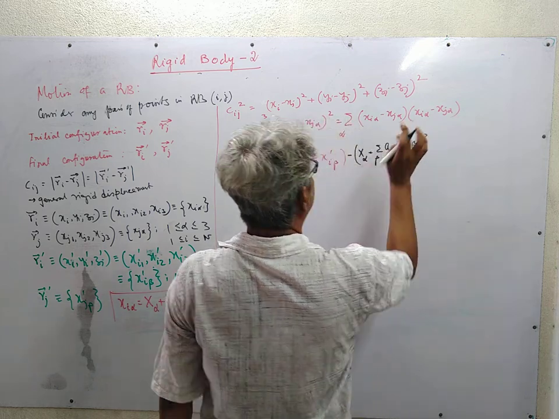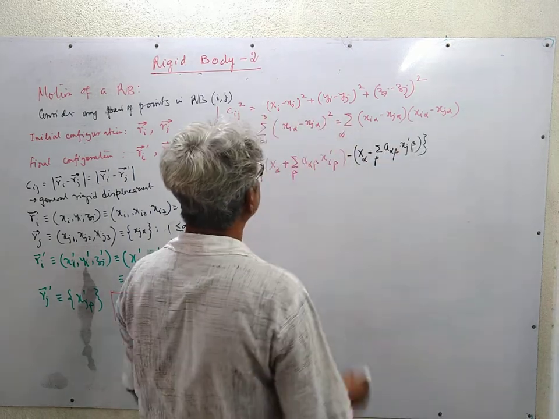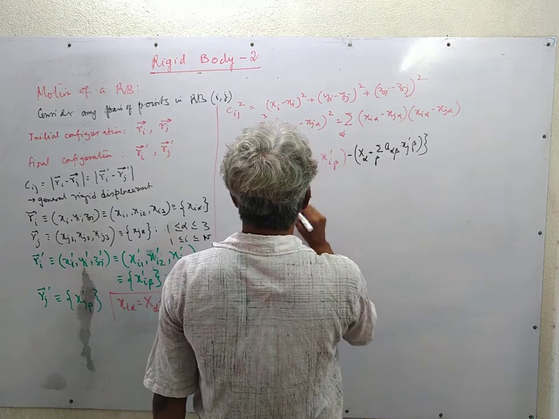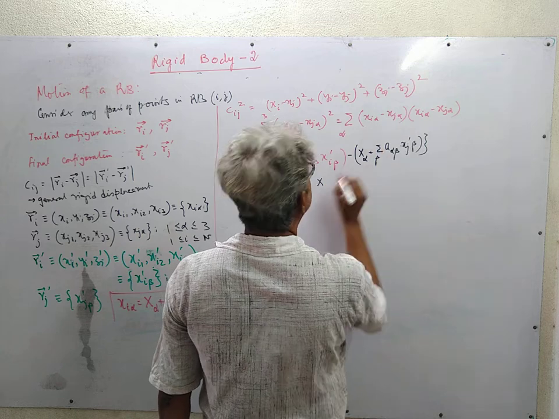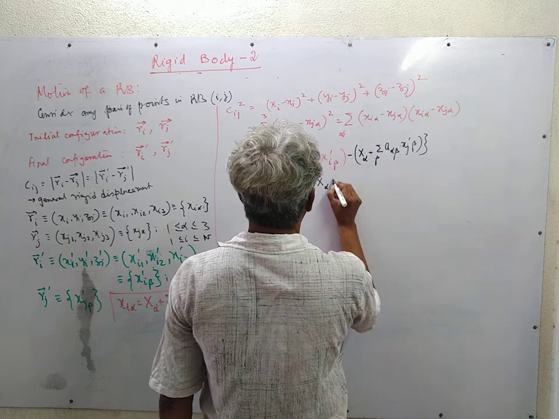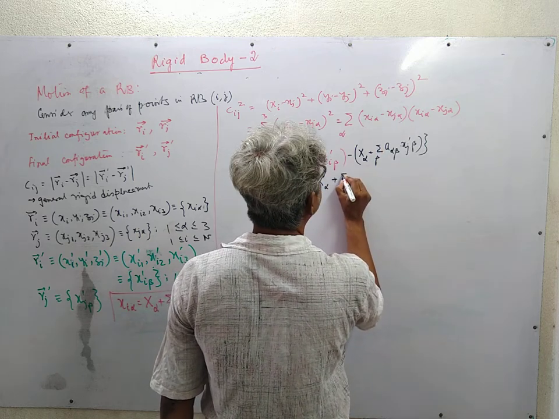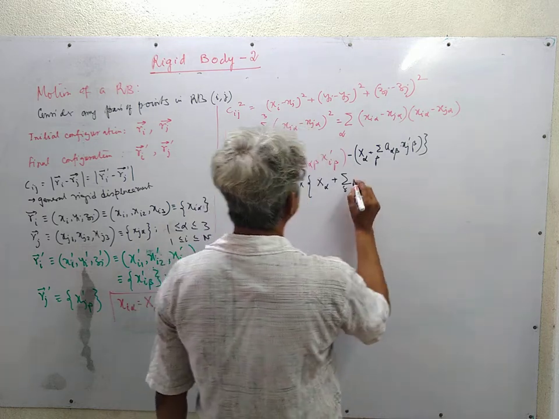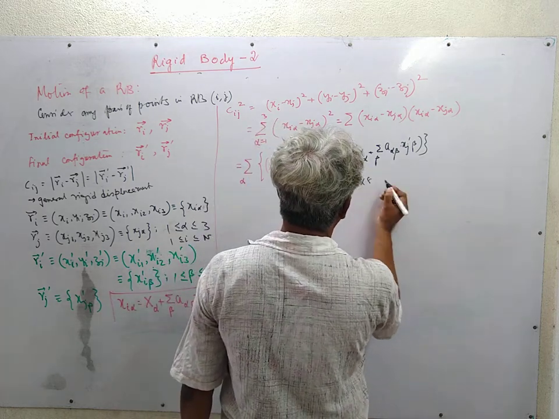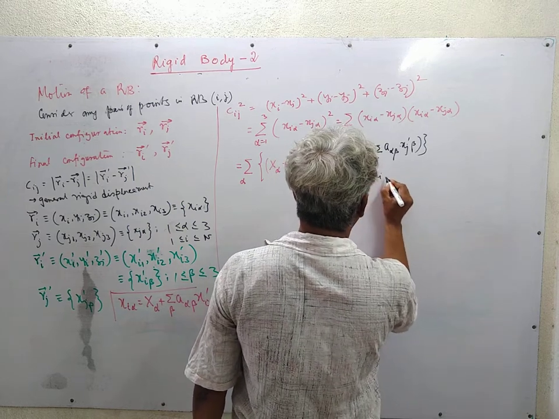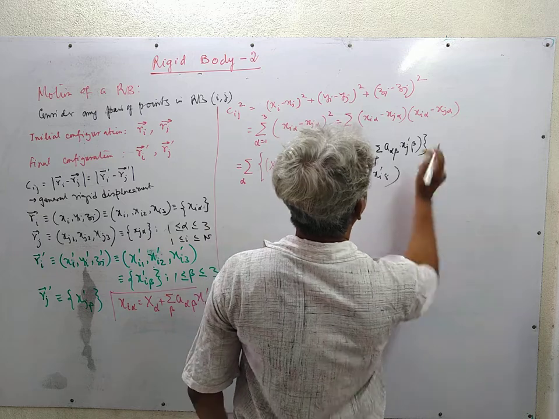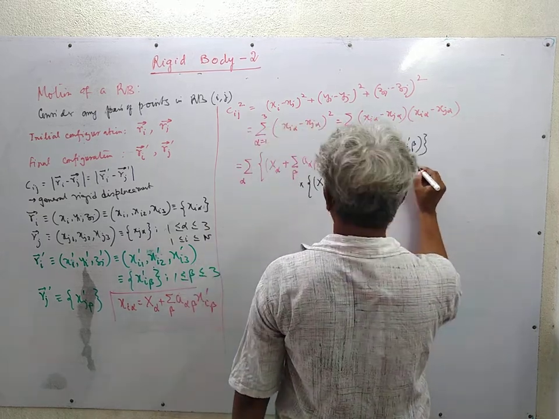This is for this part. And then there is another product term of similar kind, X alpha plus, with another summation index, for this part, minus.